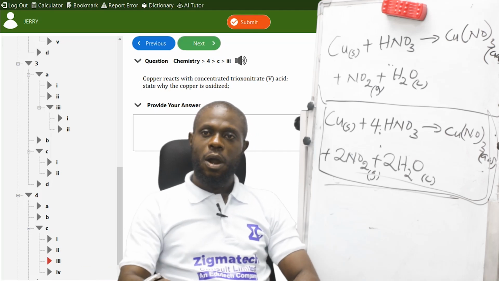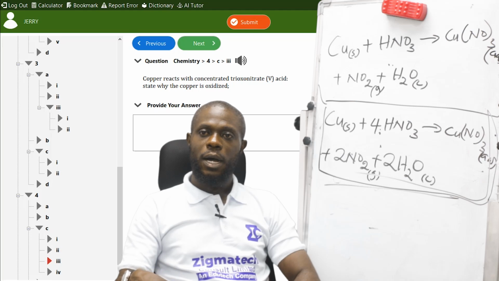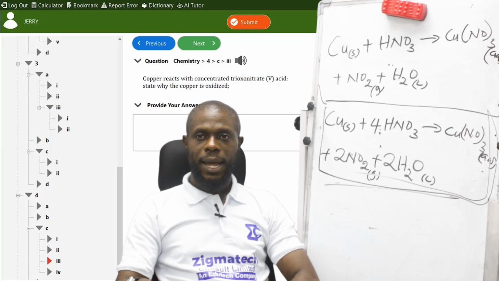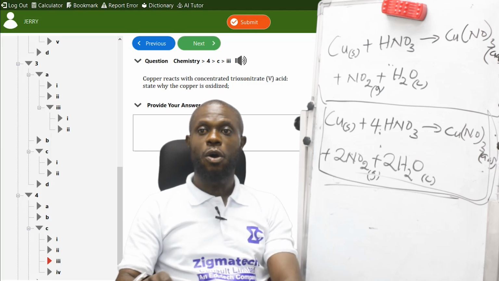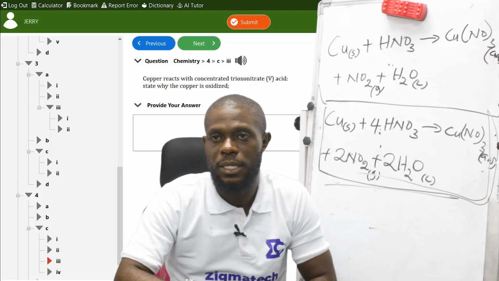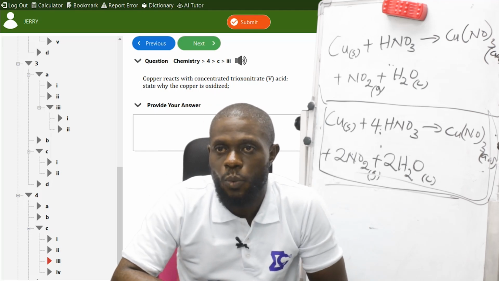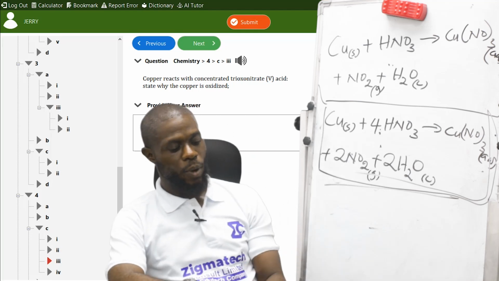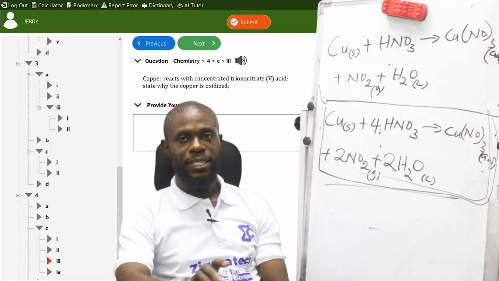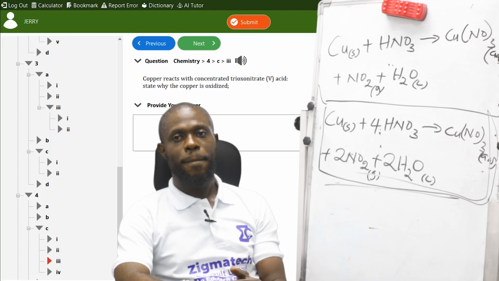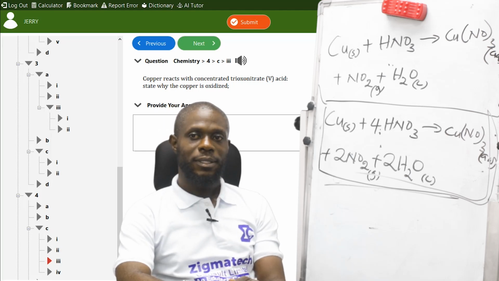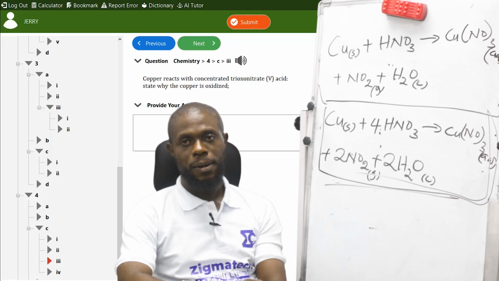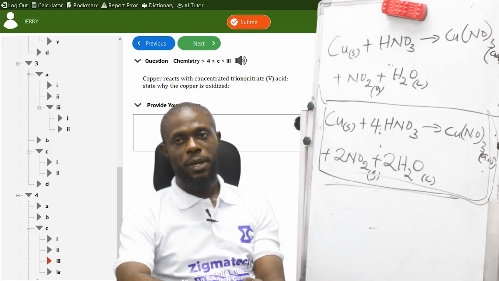This one says copper reacts with concentrated trioxonitrate(V) acid. State why the copper is oxidized. You know, when copper reacts with an acid, it becomes weaker.